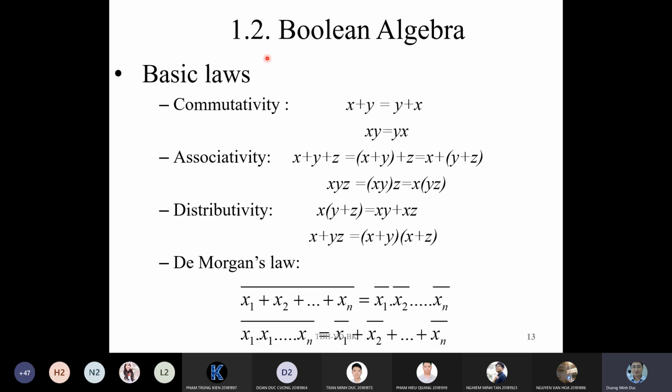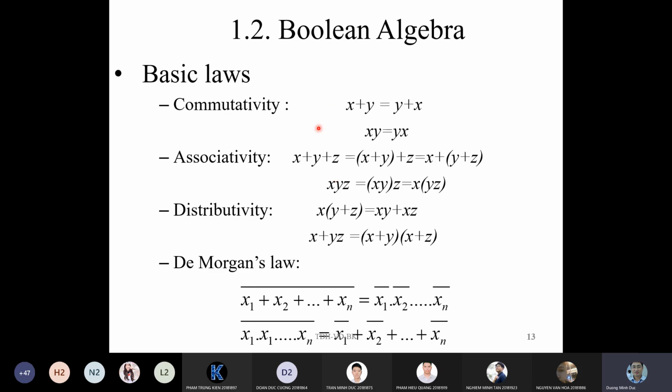To the basic law, we have the associativity. So I repeat again, this law, the associativity, allows us to define the disjunction and conjunction of more than two variables. Okay, disjunction.